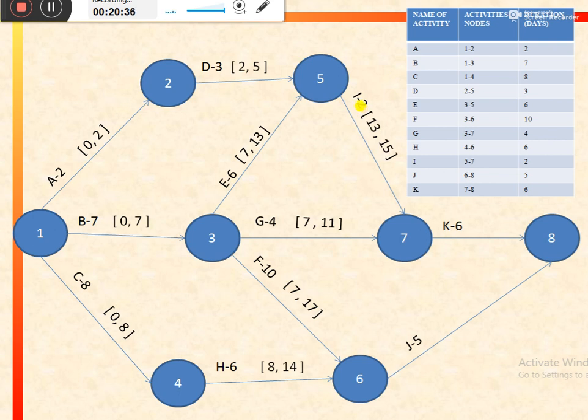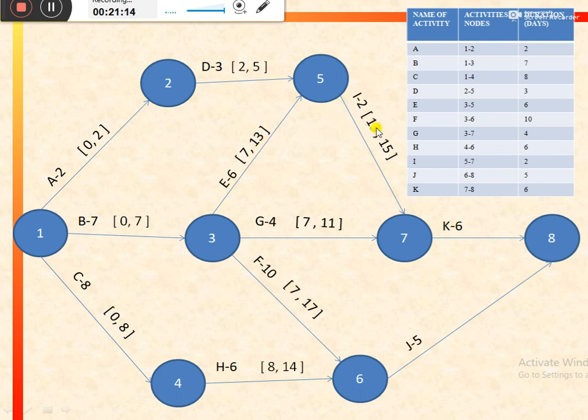So these two activities are ending on day 5 and day 13 respectively. In these type of situations, we would consider the highest earliest finish times of the preceding activities as the earliest starting time for the successor activity, that is activity I. So for activity I, the highest earliest finish of the preceding activities, that is equal to 13, would be the earliest starting point.